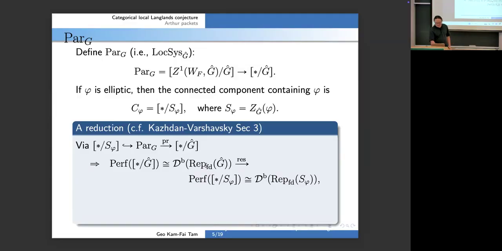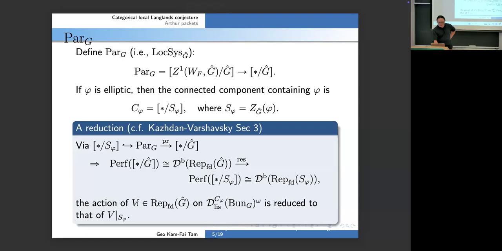Then this is just the usual functoriality for these functors. You have the map from the perfect complexes of the classifying space of G hat, which, as I said, is equivalent to the bounded derived category of finite dimensional representations of G hat, to the corresponding derived category for the centralizer group of var phi.